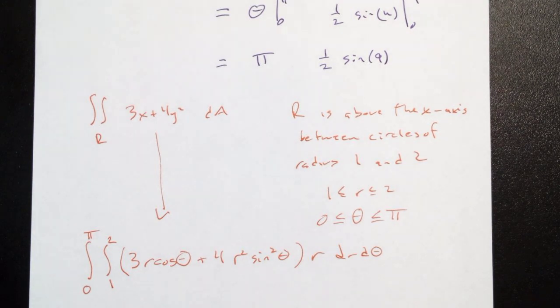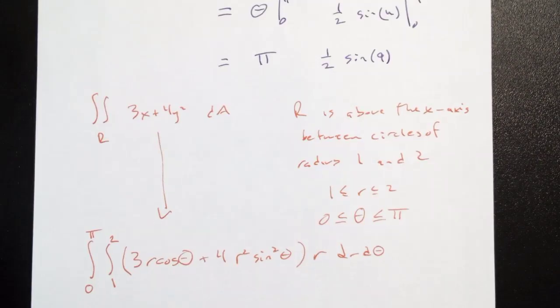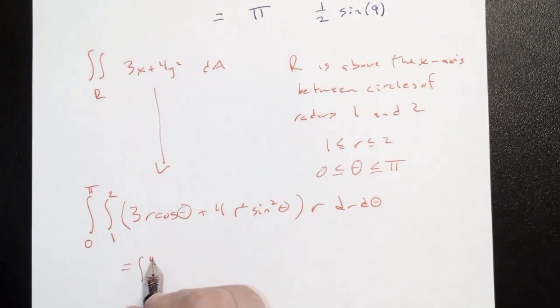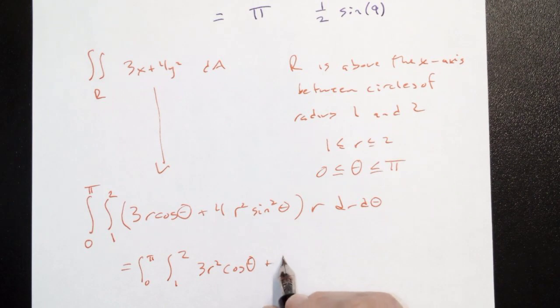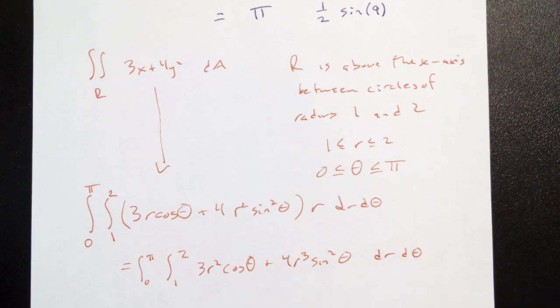I can't factor the r out completely because there'll be an r squared here and an r cubed here when I multiply the other one in. That means that I can't take it apart with the corollary like I did in the previous one. But I'm going to do the r integral first.